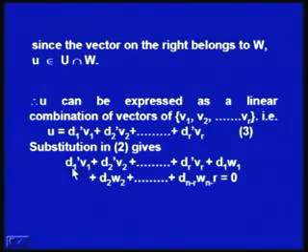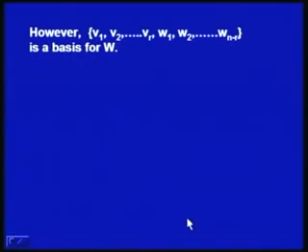Substitution in 2 gives us d1 dash v1 plus d2 dash v2 plus dr dash vr plus d1 w1 plus d2 w2 plus dn minus r wn minus r is equal to 0.